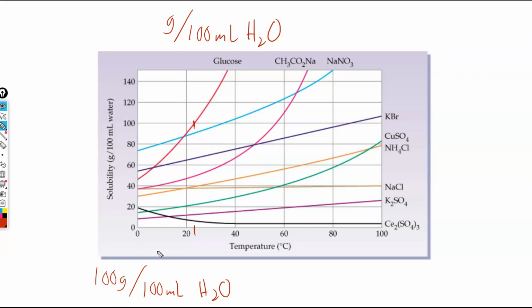Anything higher than this ratio, that means if you add anything more on top, then it will become a supersaturated solution. So these will tell you what's the most you can dissolve before you just have solid collecting at the bottom.